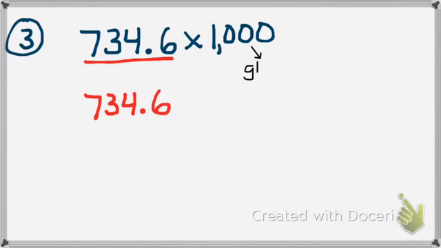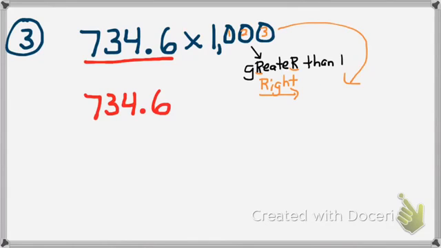This power of 10 number is 1,000, and I know that 1,000 is most certainly greater than 1. Greater has R's, which tells me I'll be moving my decimal to the right. How many places will I move it to the right? Go back and count your zeros. 1, 2, 3 zeros tells me that I'll be moving my decimal to the right 3 places.